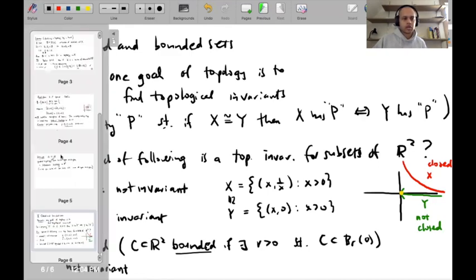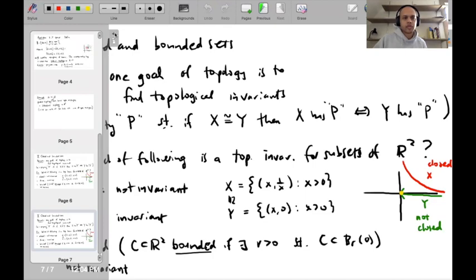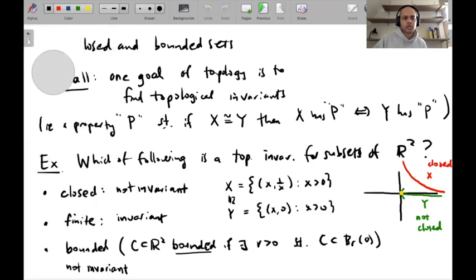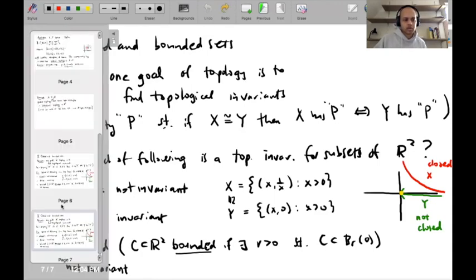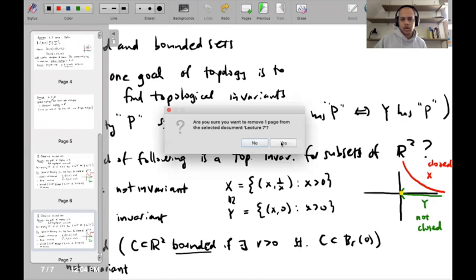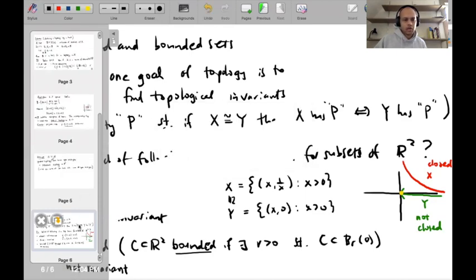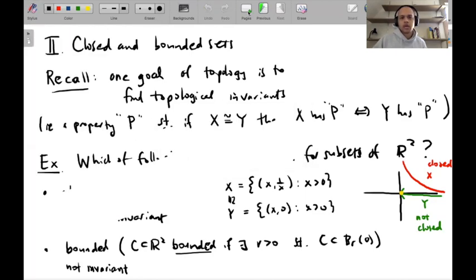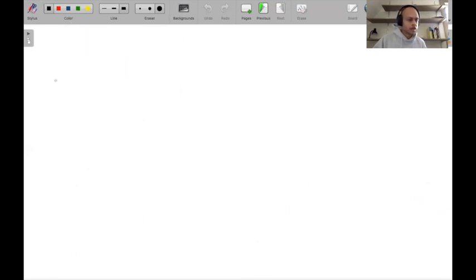Sorry, let me just do a new page. So an example is to take X to be the set, well, that was Y before.